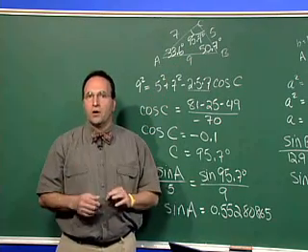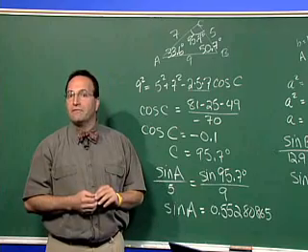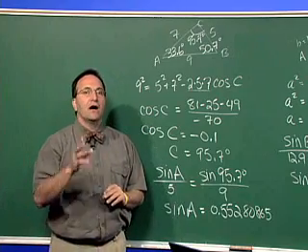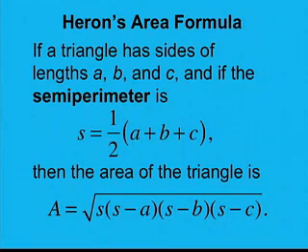Now, the law of cosines can be used to derive a formula for the area of a triangle, provided that we are given the lengths of all 3 sides. The formula is known as Heron's formula. Let's take a look.